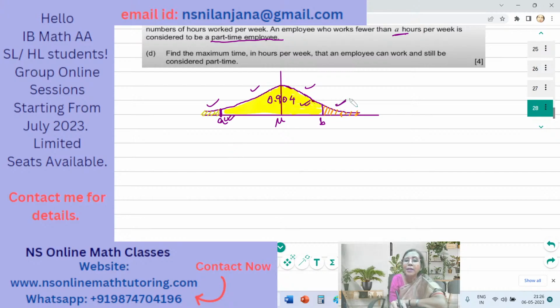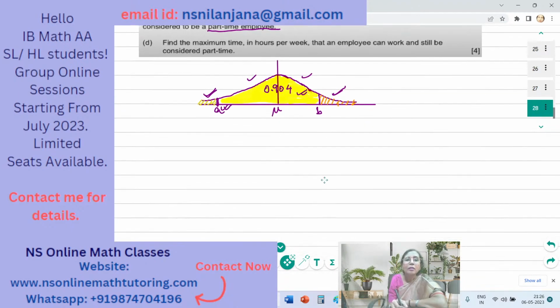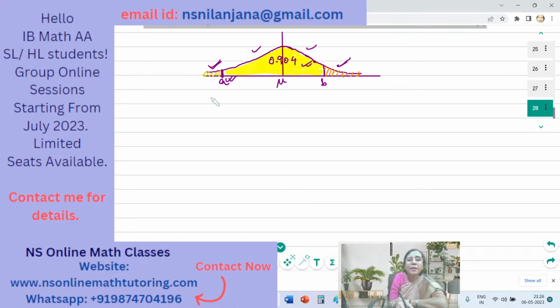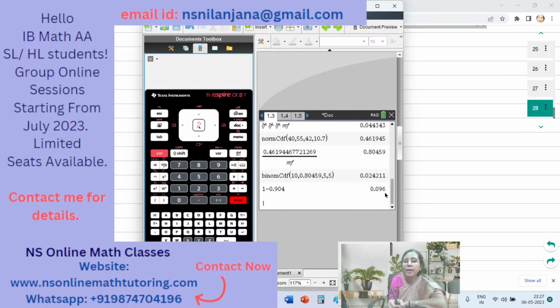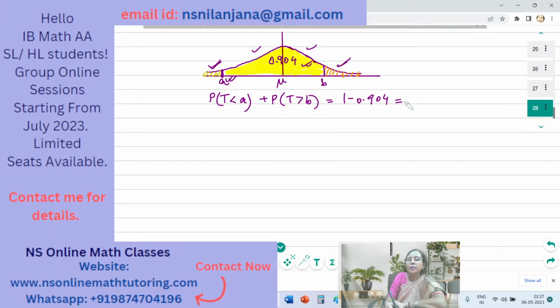That means probability of T greater than B plus the probability of T less than A. So probability of T less than A plus probability of T greater than B is equal to 1 minus 0.904, which is equal to 0.096.